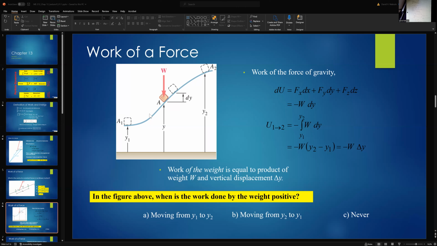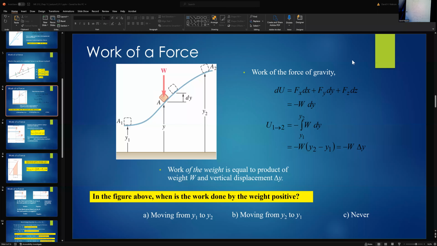So think of gaining as being positive: you're gaining potential energy as you go up, you're gaining kinetic energy as you go down. Just to summarize, if you go down, it's positive. If you go up, it's negative.